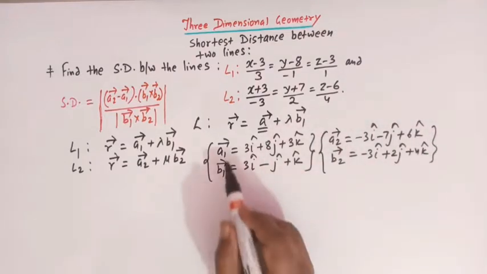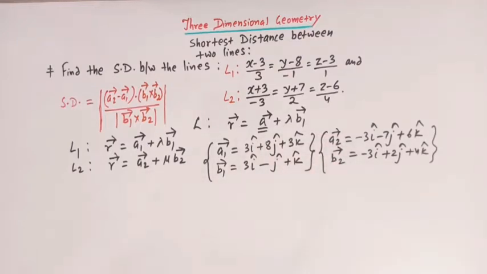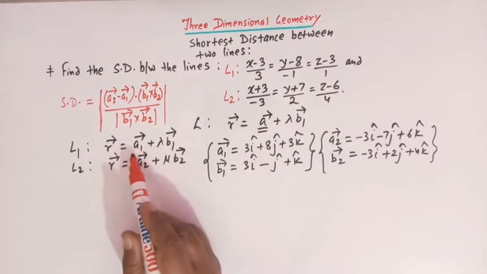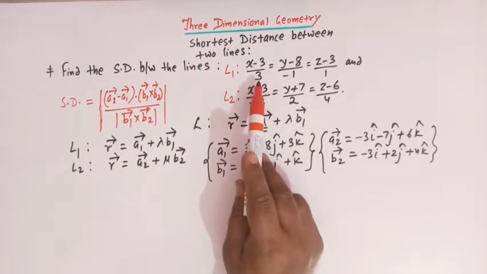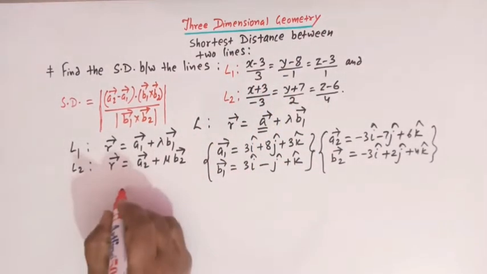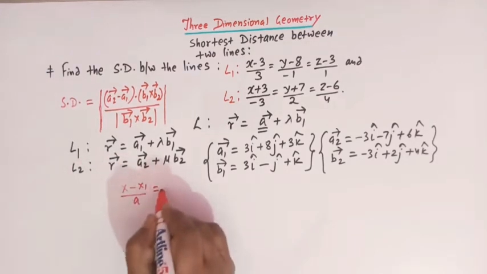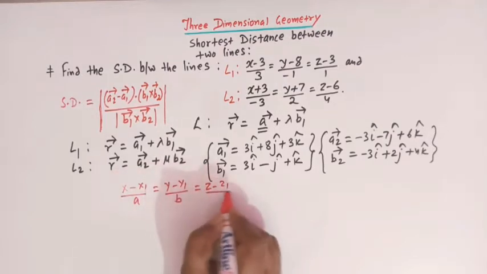Now we have vector a1, vector b1, vector a2 and vector b2. I would like to mention one important thing: whenever we convert the Cartesian equation of a line into vector form, the equation of the line should be given in this form, that is x minus x1 over a, equals y minus y1 over b, equals z minus z1 over c.